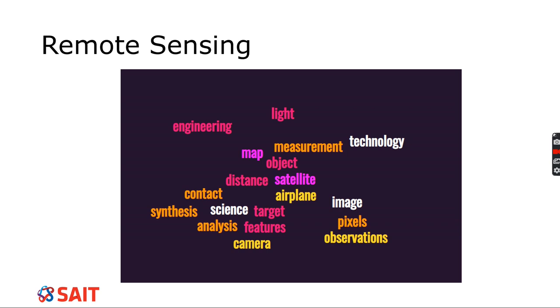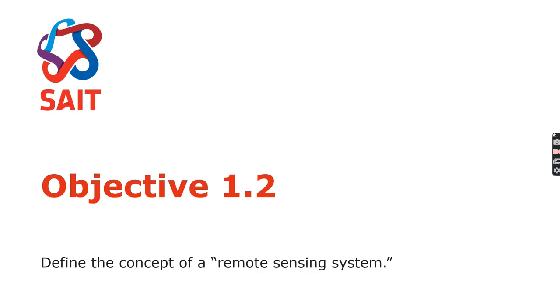So maybe we can't sample water with remote sensing, but we can detect different elements within water from a distance, because it might change the thermal signature, it might change the water quality, it might make it less transparent and more opaque, right? With remote sensing, we can detect those types of things. And it's not always stuff that we can see with our eyes, which is always kind of a cool thing to talk about. So that's remote sensing, an introduction to what it is.